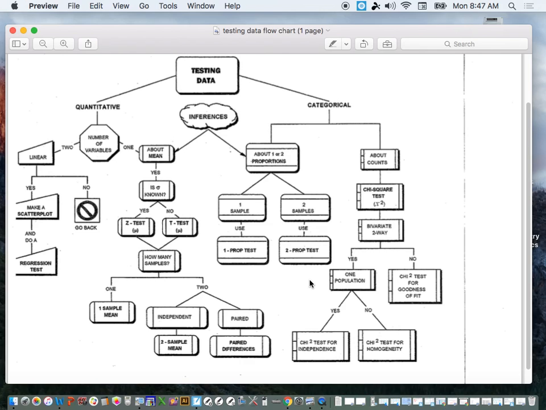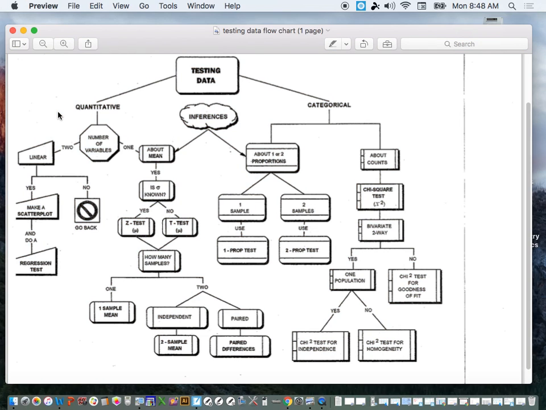If the data you have is quantitative, you ask yourself, how many variables are there? If there are 2 variables, think of regression. Like we looked at heights and weights of people. That's 2 different variables, height and weight. So you might make a scatter plot and do a regression t-test.